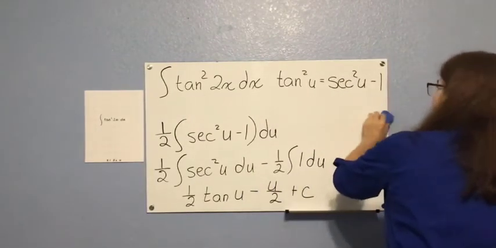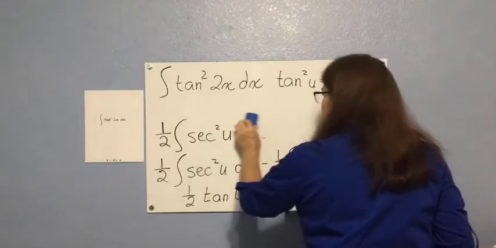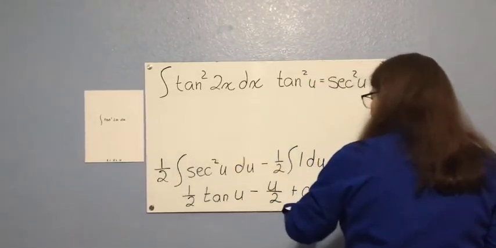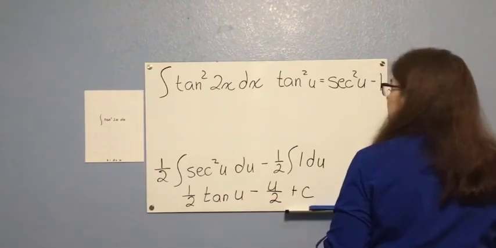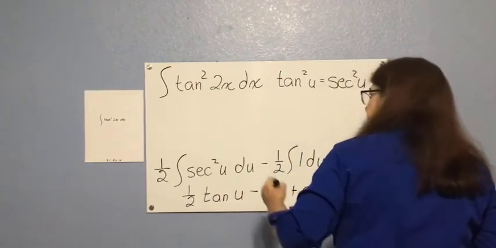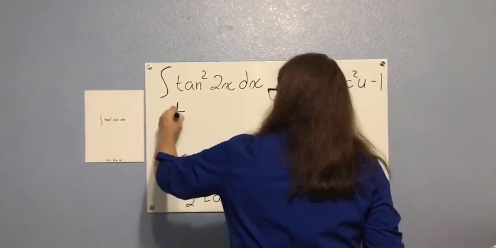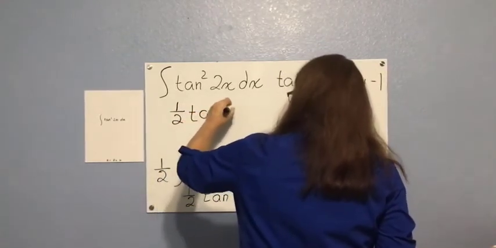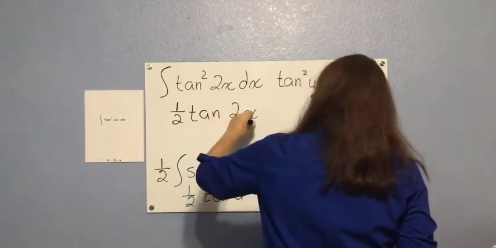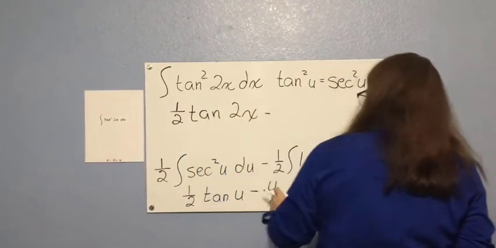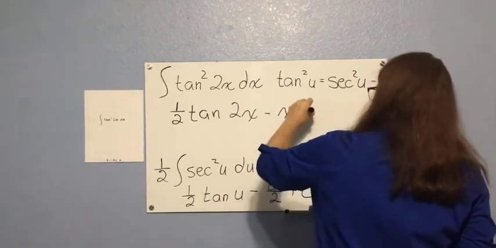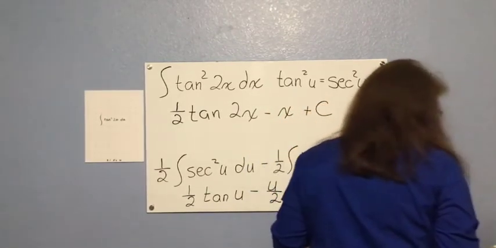Now we need to go back and reverse our substitution, which is going to give us 1/2 tangent 2x minus 2x over 2 is just going to give us x plus the constant.